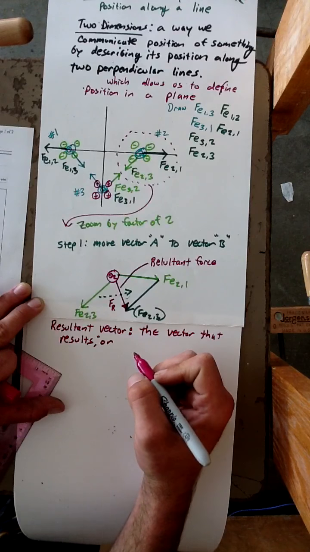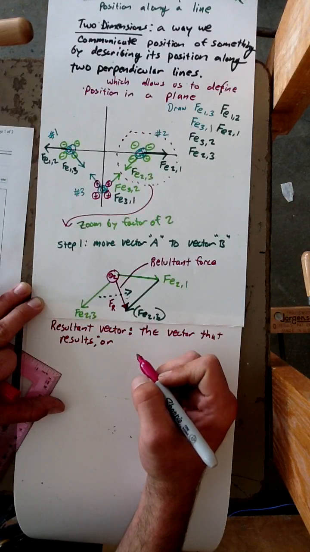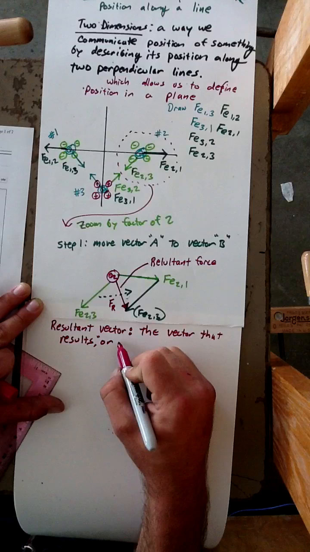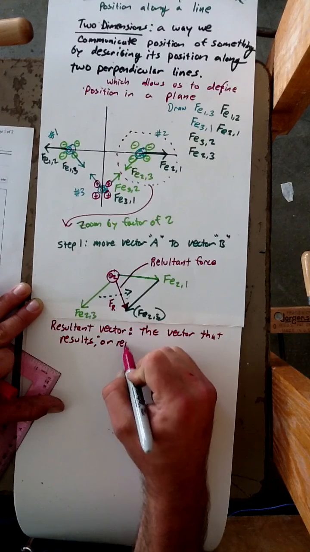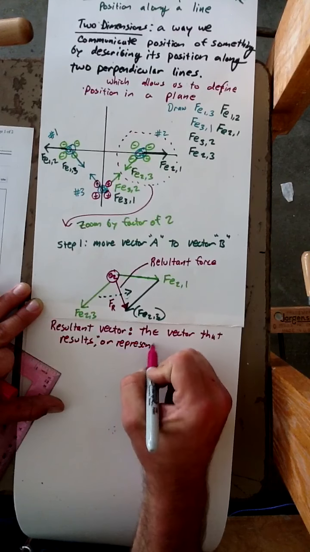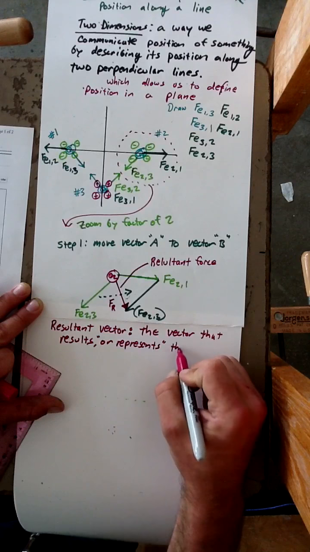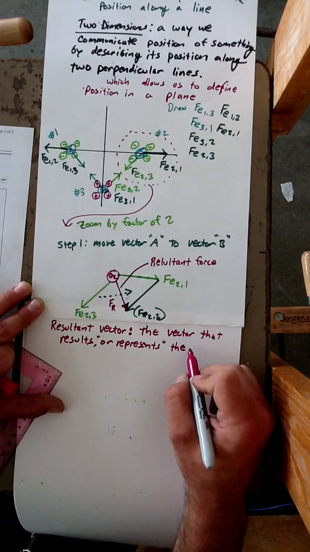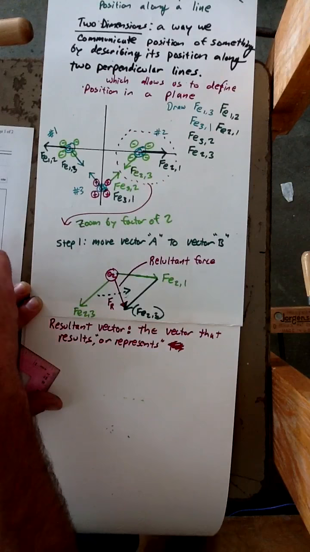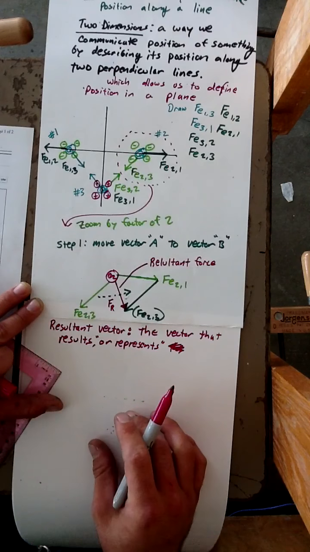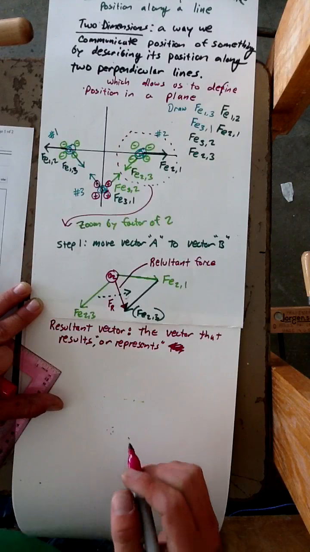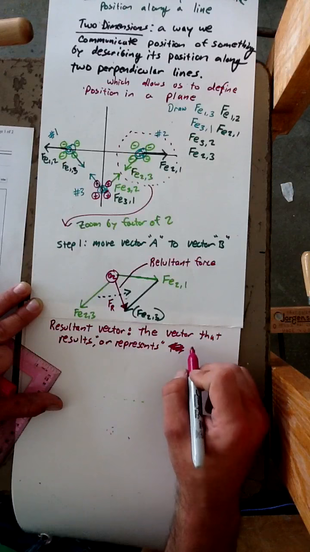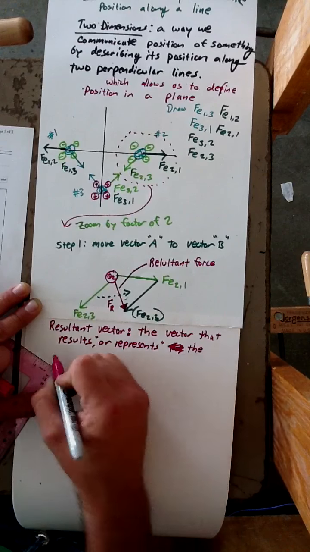What can I use here? The vector that results, or we'll say, represents the finished product. What do I have here in my notes? Shoot, I'm messing this up. The definition I have here is the vector that results when multiple vectors are combined, but I don't want to use the word results in the definition of resultant vector. The vector that results or represents the combination of vectors.